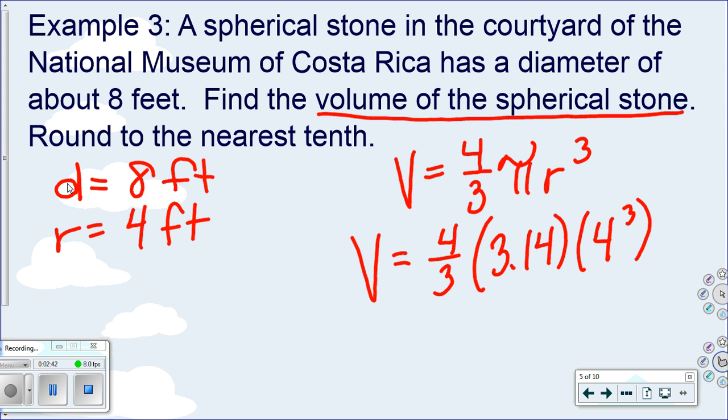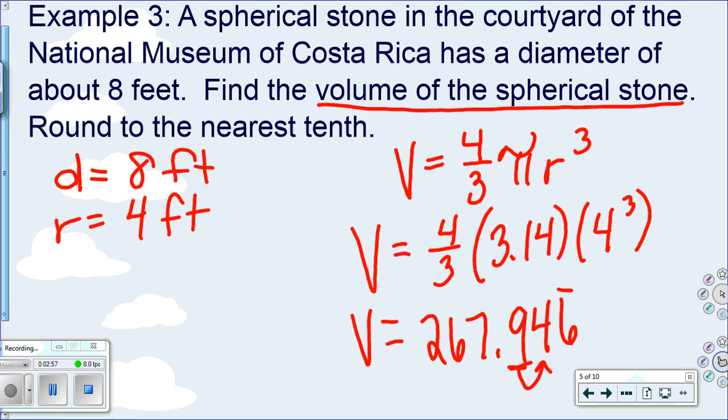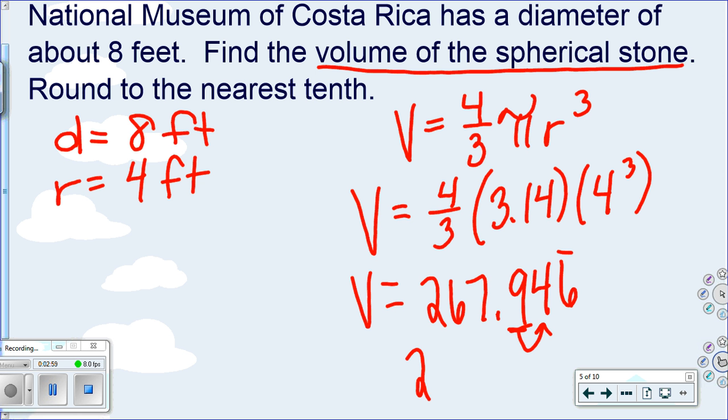Plug it in your calculator. Okay, so you should have gotten 267.946 repeating, but I need to round to the nearest tenth. So, what's my final answer? 267.9 feet cubed.